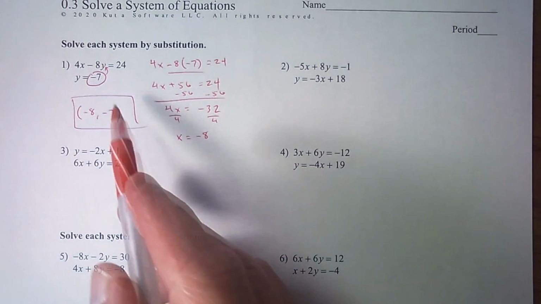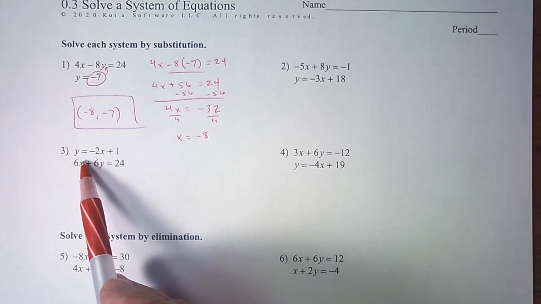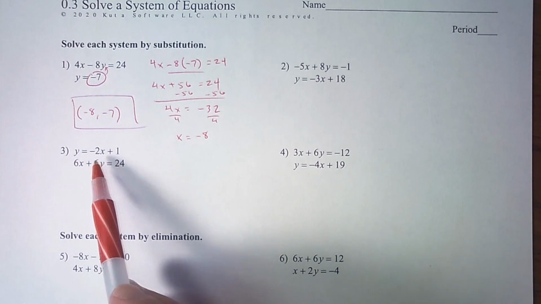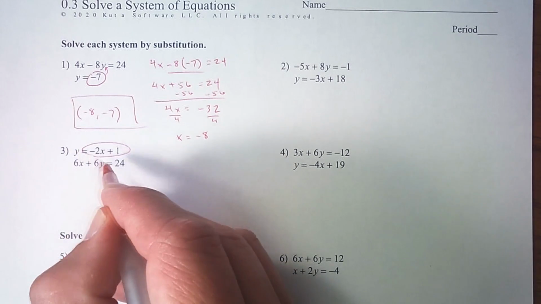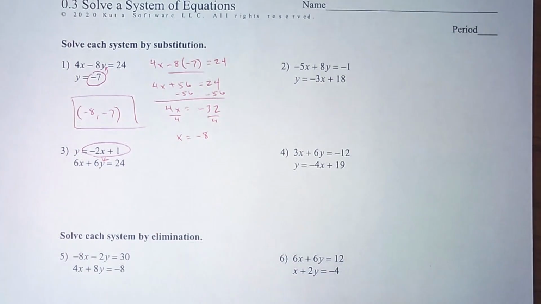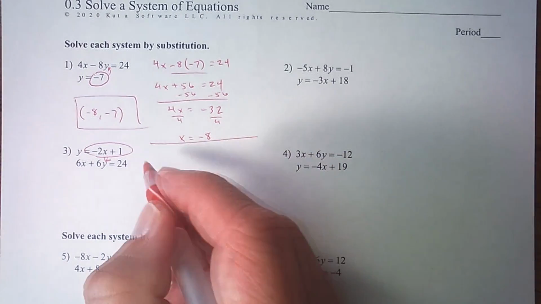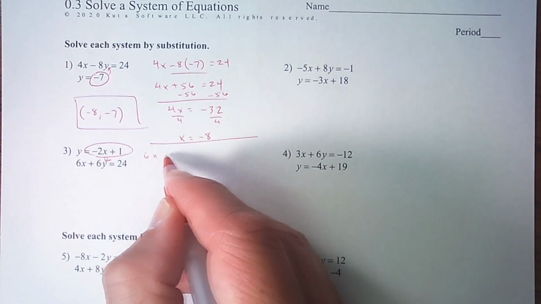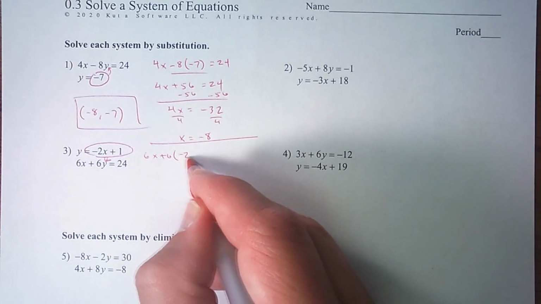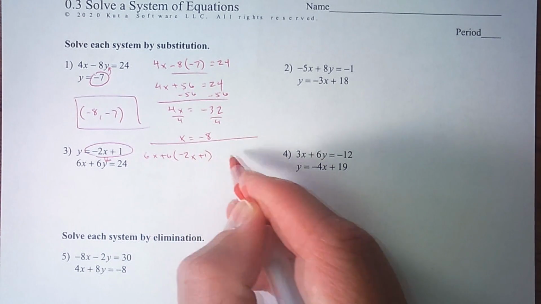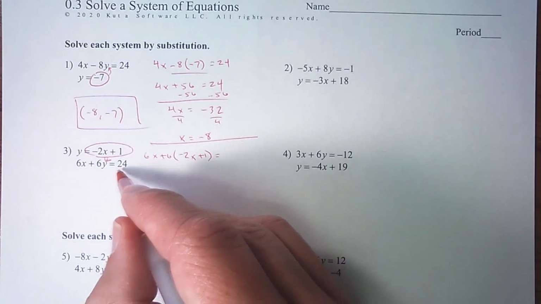Okay, we're going to go down this left side. So number 3 is also substitution. This time I don't know the exact value of y, but I know it equals this. And I'm going to put that right there into the second equation. So I have 6x plus 6 times y, and y is negative 2x plus 1, equals 24.